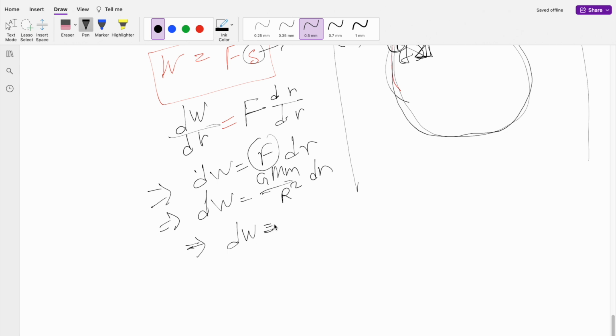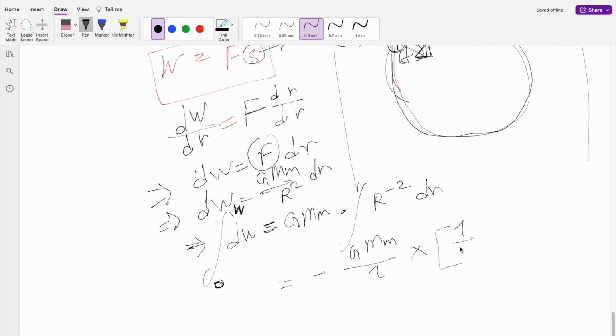So dW equals GMm over r squared dr, and if we put an integration sign, it results in minus GMm times 1 divided by r.